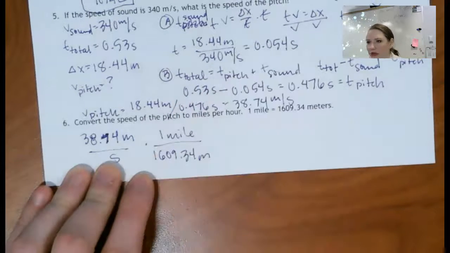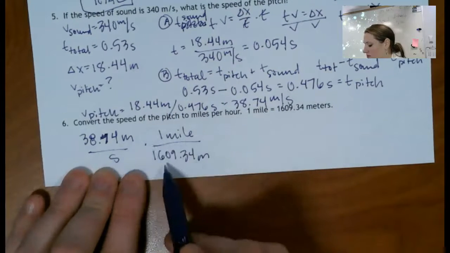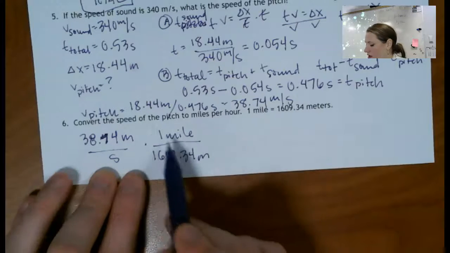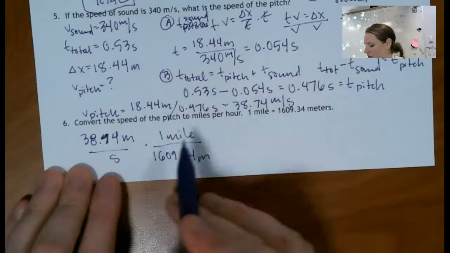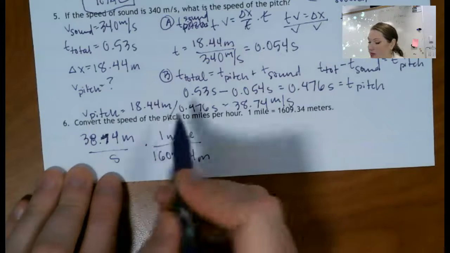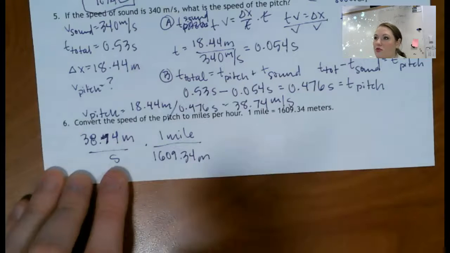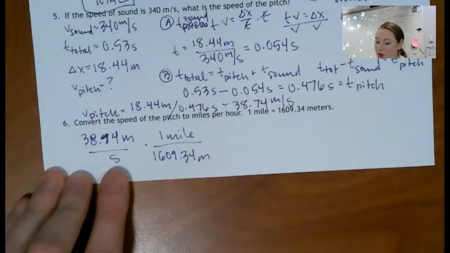These two things are equal, so I'm just multiplying this by 1, right? 1 mile and 1,609 meters are equal. So these are equivalent. So this is 1 divided by 1 is basically what this is, right? And so I can multiply anything by 1 as many times as I want. That's how we're doing these unit transformations. We're finding ratios between different units that are equivalent. So we're mathematically just multiplying by 1.